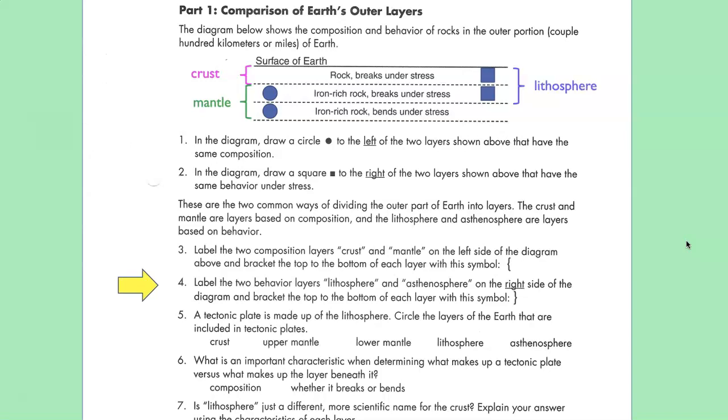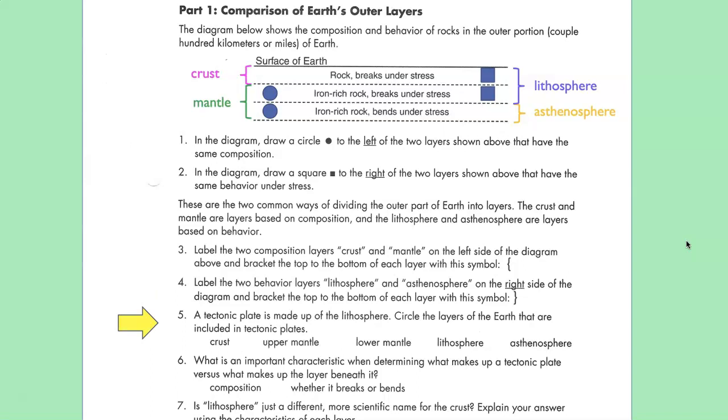So the lithosphere includes the layers that break under stress, that are brittle. And the asthenosphere is the one that's ductile. So look at this picture and notice that crust does not equal lithosphere and mantle does not equal asthenosphere. This is a little tricky, okay? Lithosphere is crust plus uppermost mantle.